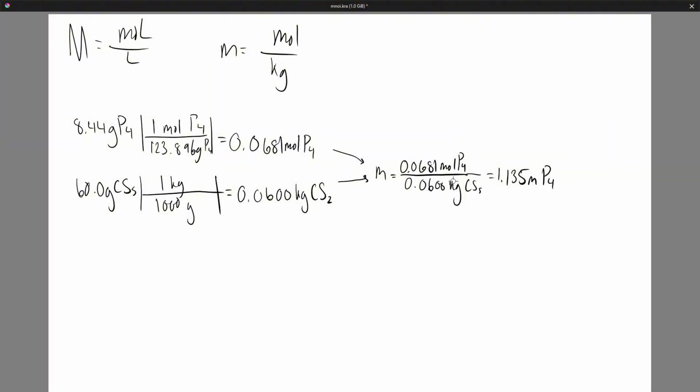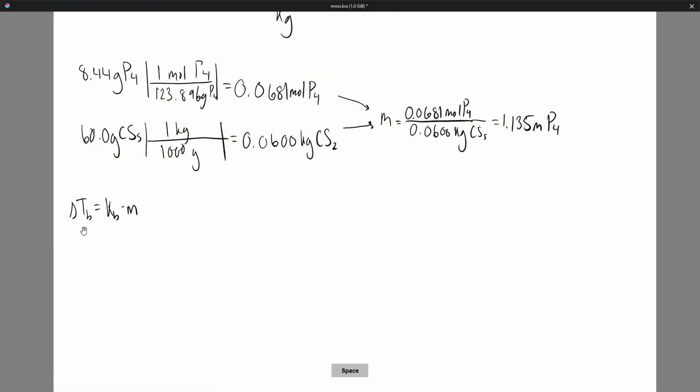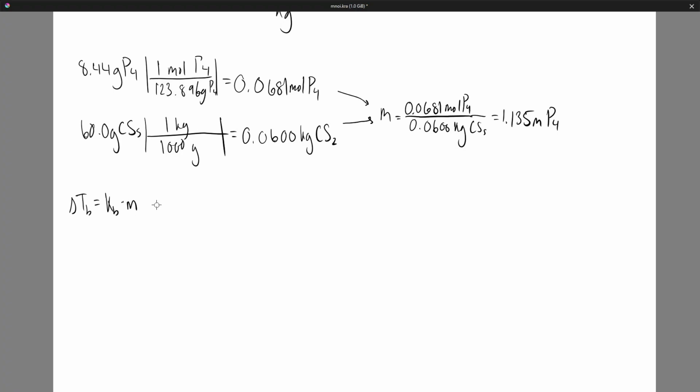So let's start off by solving for the change in boiling point. If you look at the back page of the study guide, you're given the formula delta TB is equal to KB, our constant, times our molality. Let's plug the numbers in since we're given everything here.